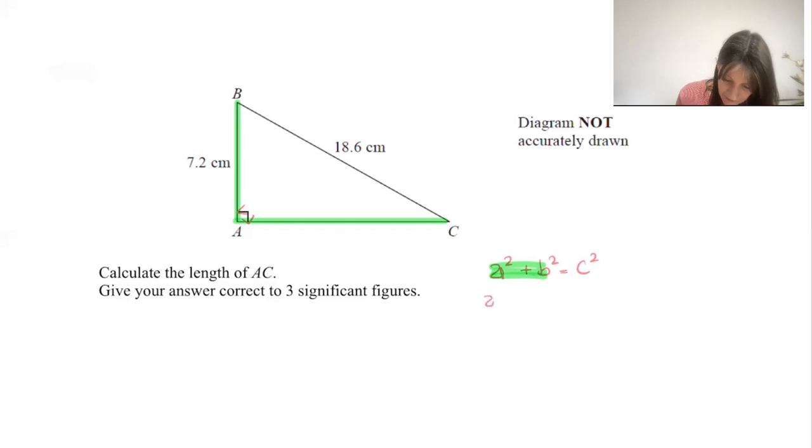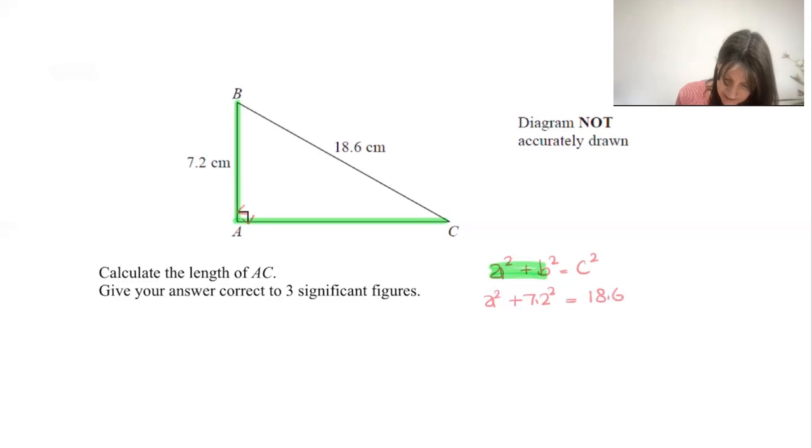So I will keep the first one as a squared. That's AC. I don't know that edge. That's what I'm trying to work out. B is 7.2 squared. Okay, so I've done the greens. I've done nothing and put my 7.2 in. 18.6 is my c squared. It's my blank.